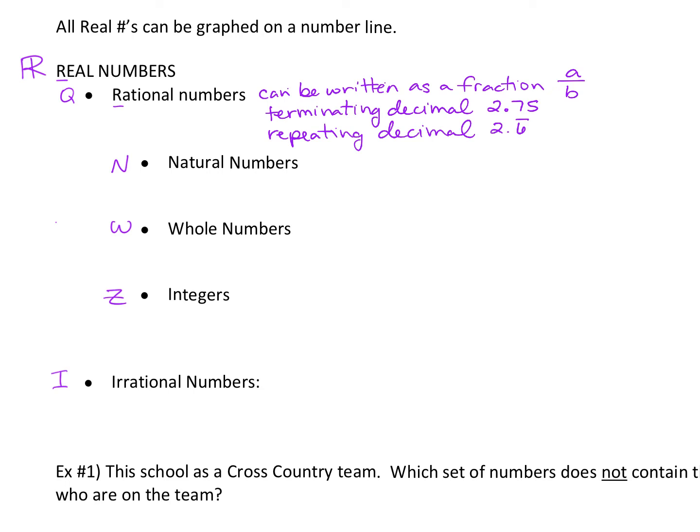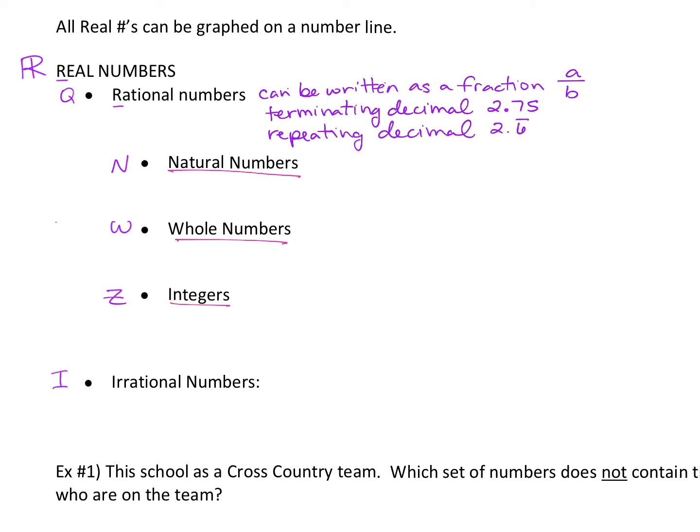Then under rational numbers, there's 3 different subcategories. There's natural, there's whole, and there's integers, okay? And they're very similar. One actually has all the others in it. Does anyone think they know what the natural numbers are?